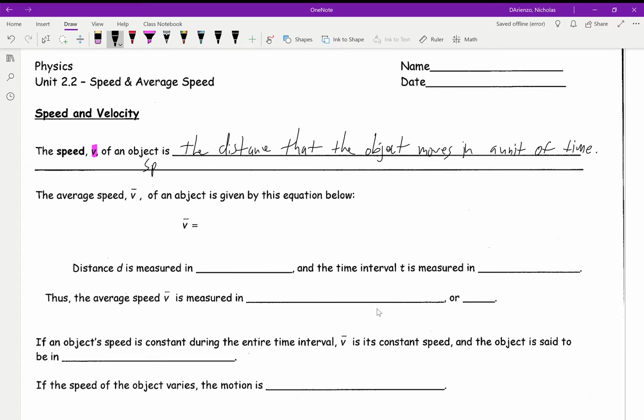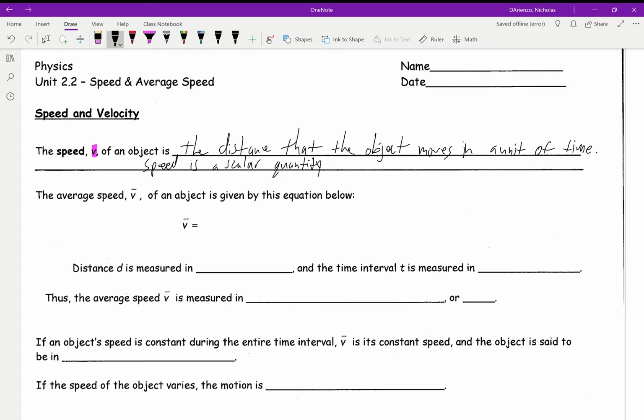And as we learned in class today, speed is a scalar quantity, meaning it only has magnitude. You can refer to the speed of somebody without describing what direction they're headed in.